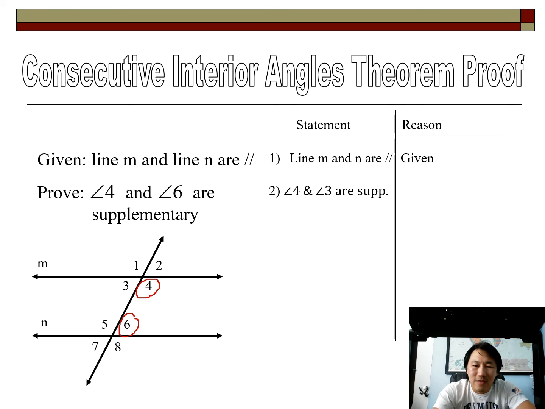Let's see. How am I going to start this? It turns out that angle 4 and angle 3 are supplementary. So 4 and 3 are supplementary because they make a straight line. All straight lines are supplementary.